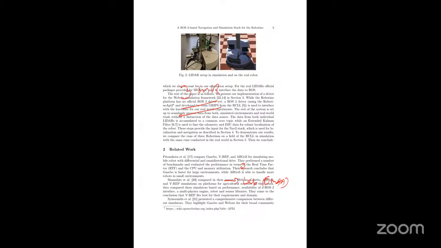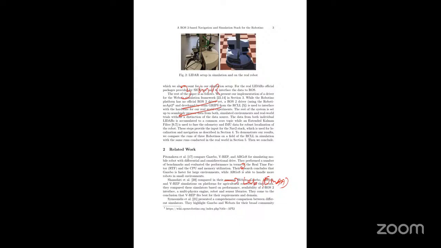Then Shamshiri et al. compared VBots, Gazebo, Argos, and VRUP, basically for agricultural robotics. They checked ROS support, physics engine, robot library, and sensor library performance. Their finding was that VRUP was suitable based on their requirement.